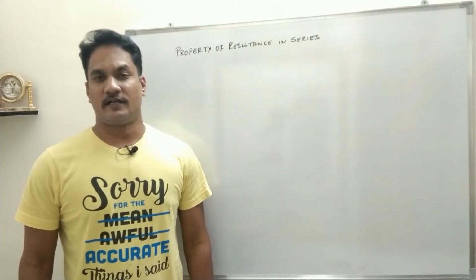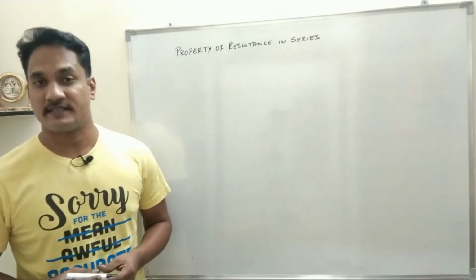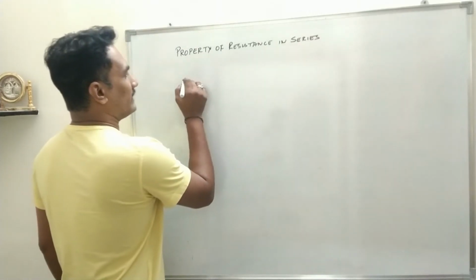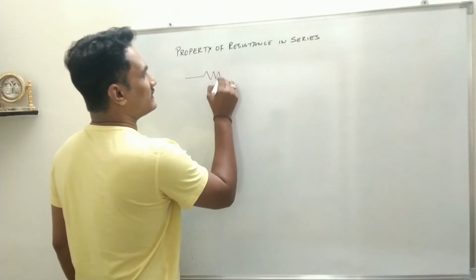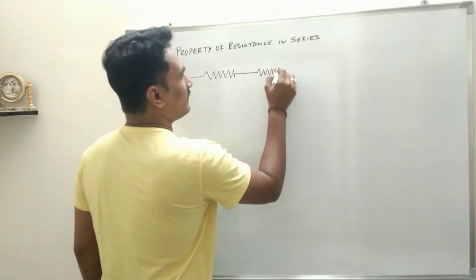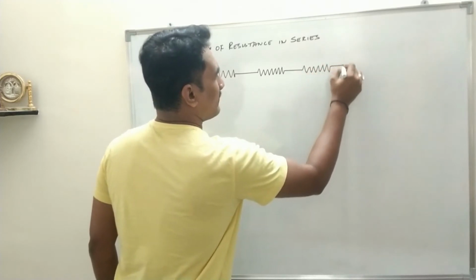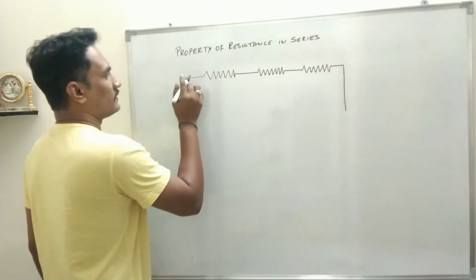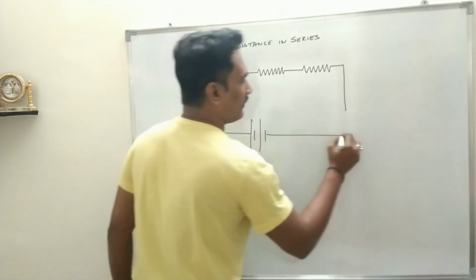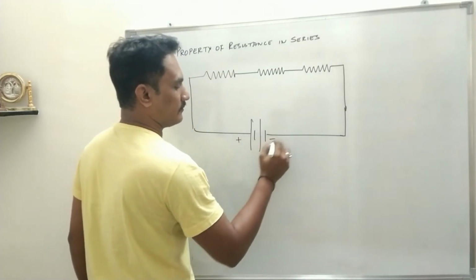Next, let us try to understand the property of resistance in series, that means when resistances are connected in series. So let us draw a diagram where three resistances are connected in series across a voltage source of V, plus minus.